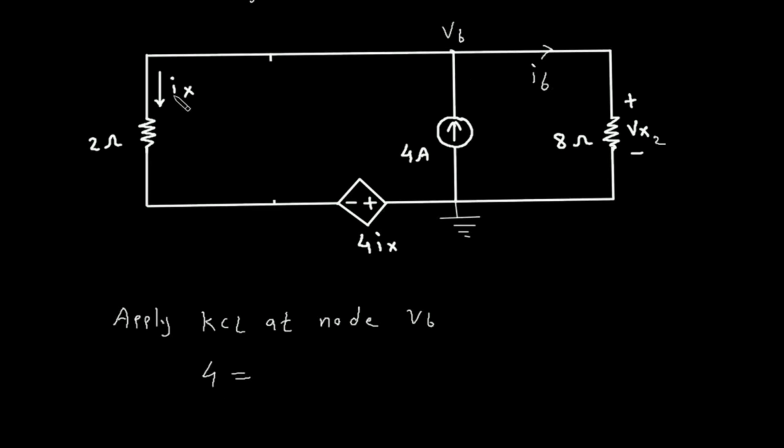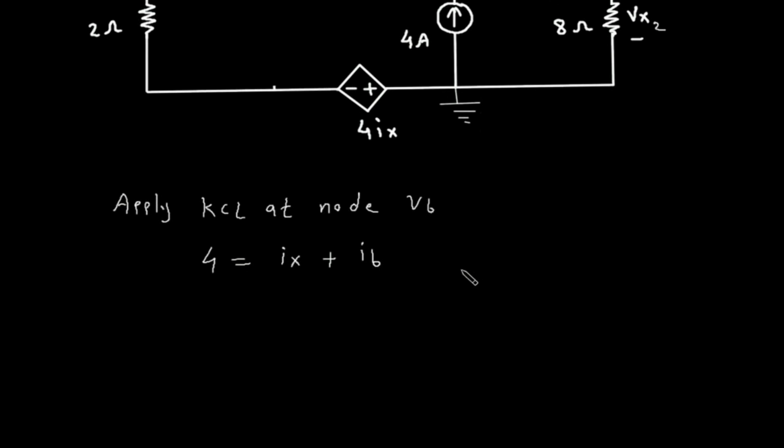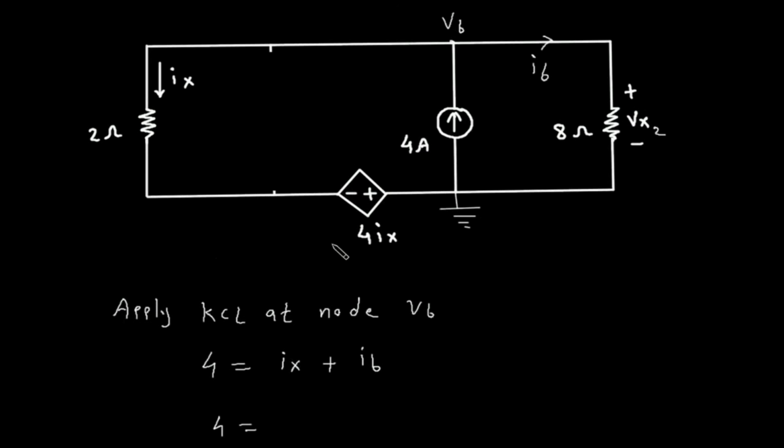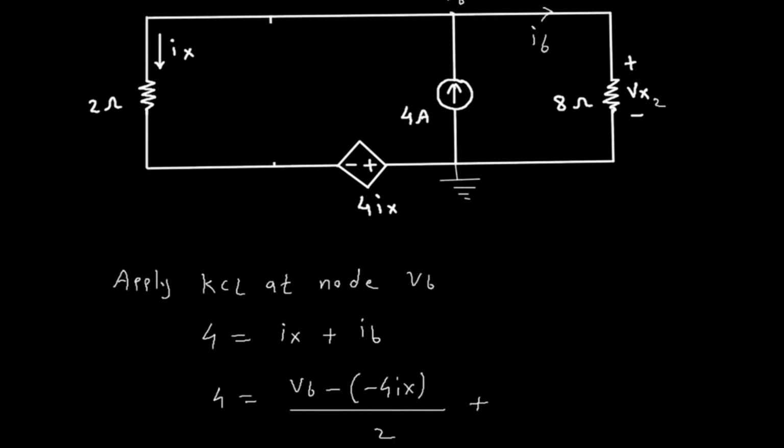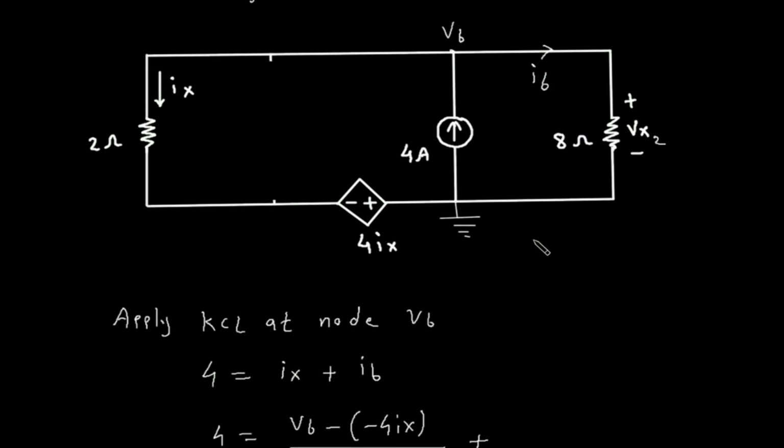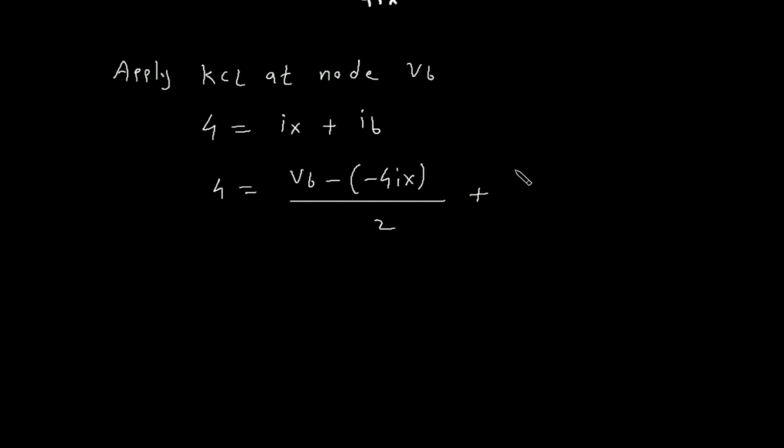Leaving current is Ix plus Ib. So 4 is equal to Ix, which is Vb minus 4Ix by 2, plus Ib. Ib is Vb minus 0 by 8.